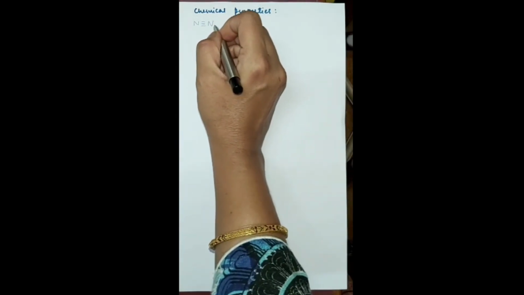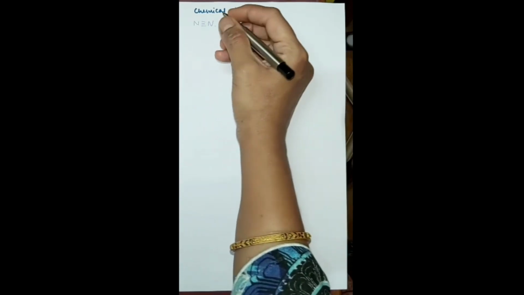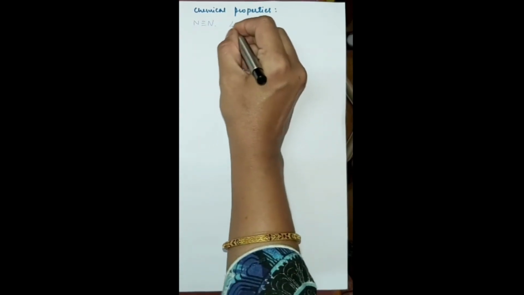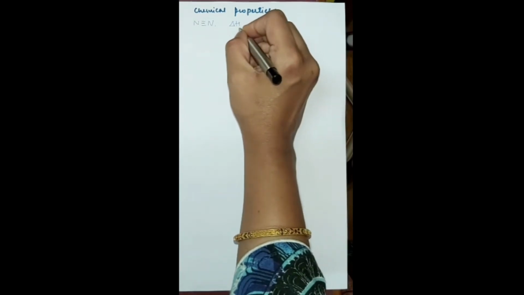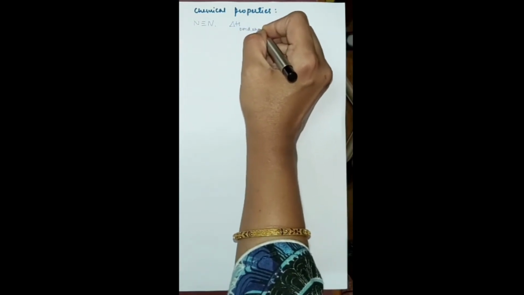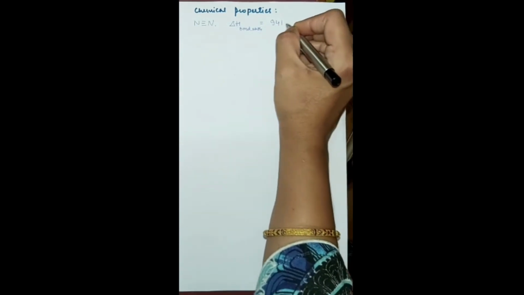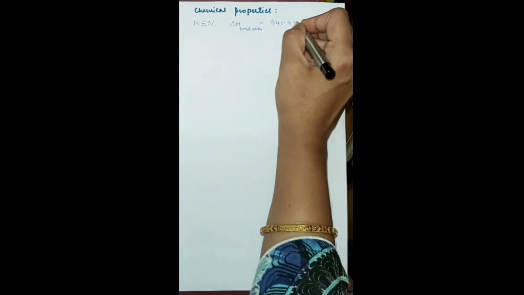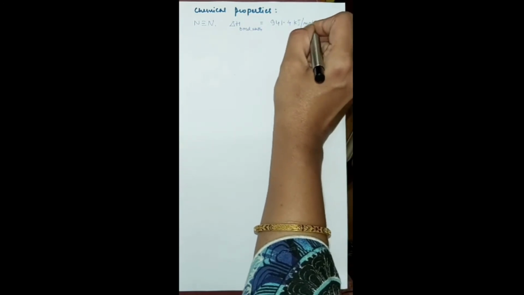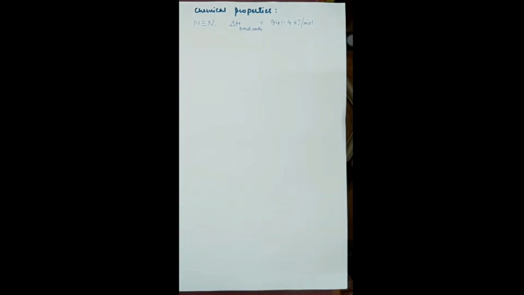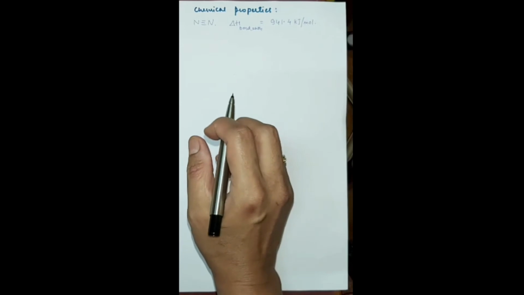The bond enthalpy is 941.4 kilojoules per mole. That is, the energy required to break the nitrogen bond is very high. Therefore, nitrogen is highly inert and present in the atmosphere.